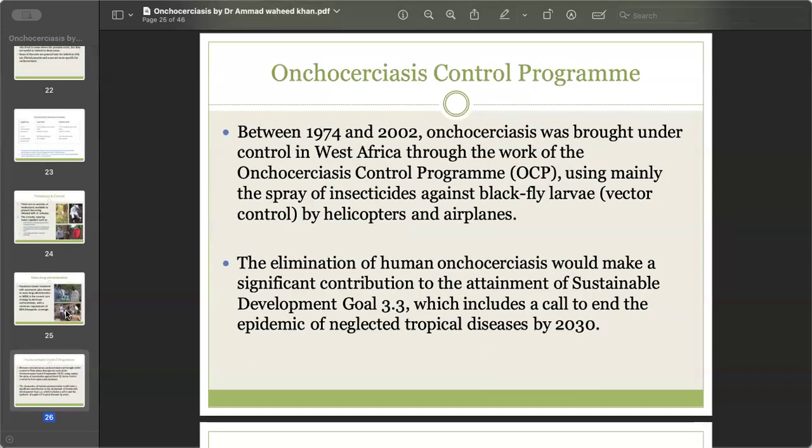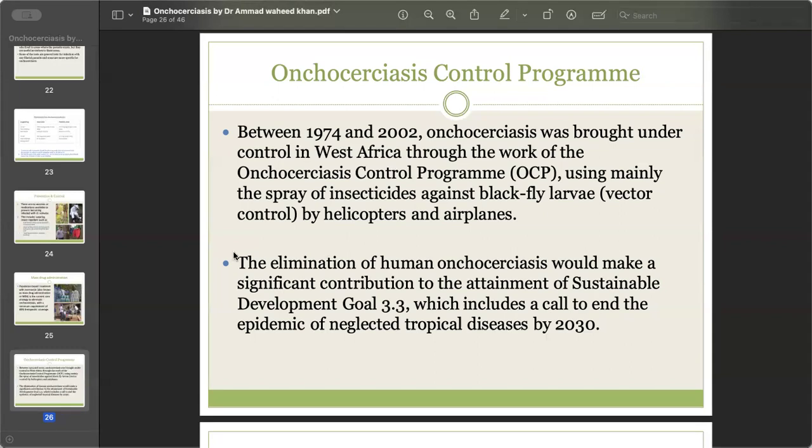Onchocerciasis Control Program. Between 1974 and 2002, onchocerciasis was brought under control in West Africa through the work of the Onchocerciasis Control Program, using mainly the spray of insecticides against black fly larvae, vector control by helicopters and airplanes.